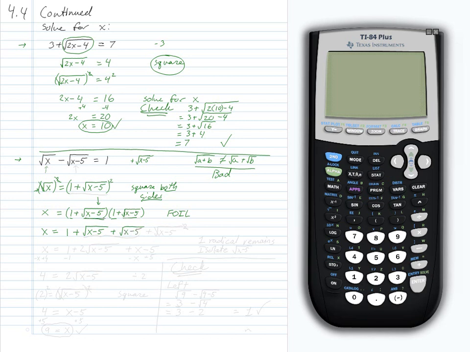And from the last terms, we will get radical x minus 5 squared. At which point we can simplify the right-hand side a little bit. We have two of the same kind of thing, 1 plus 2 radical x minus 5, and the radical and the square will cancel, giving us x minus 5.